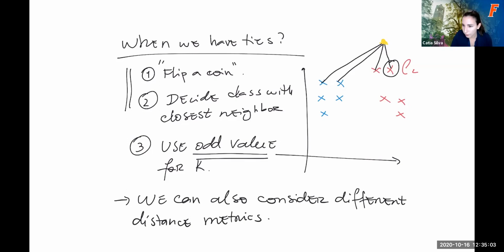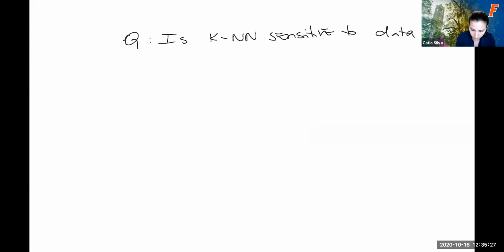Okay, so I have another question regarding K and N for you guys. Or let me rephrase it. Is K and N sensitive to data scaling? What do you think?